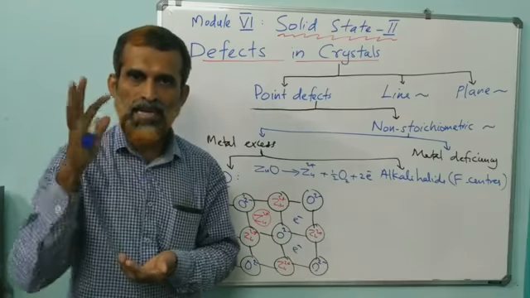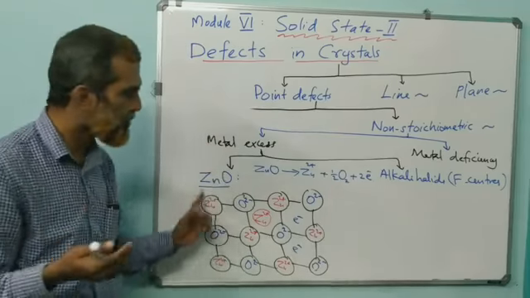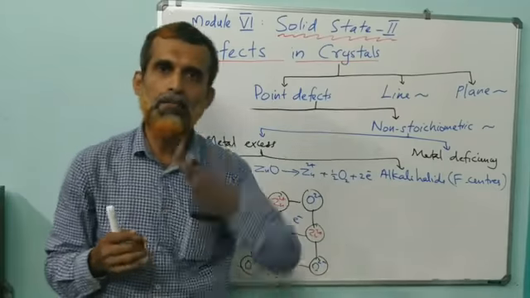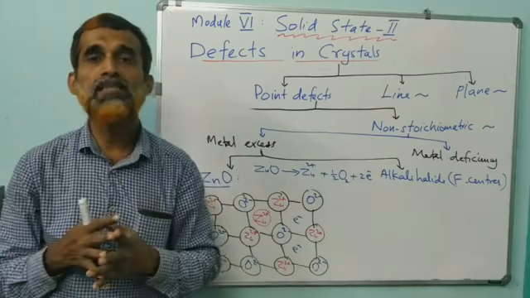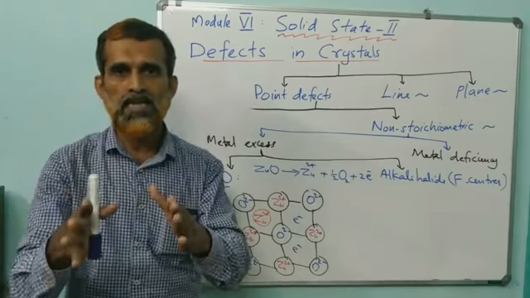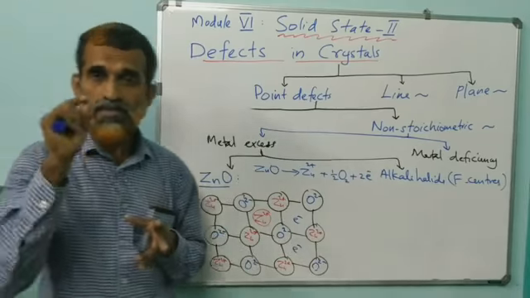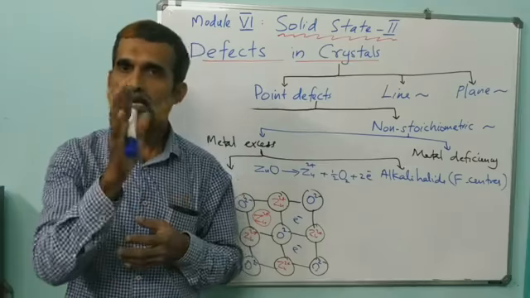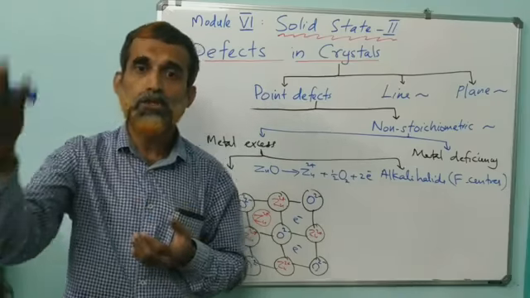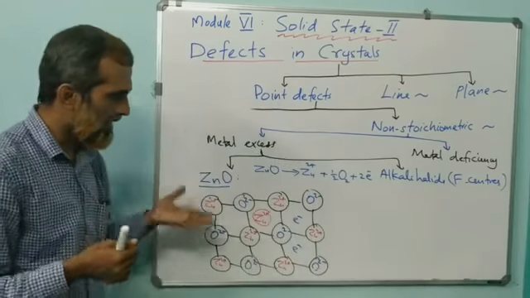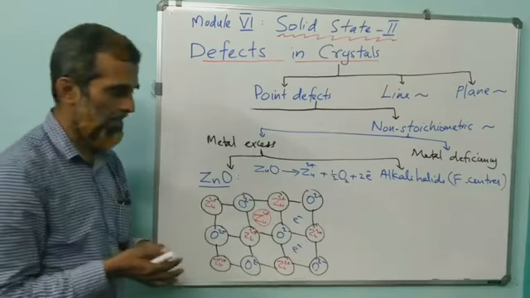So optical and electrical properties are enhanced due to this defect. Zinc oxide at high temperature will show enhanced electrical conductivity that can be explained by this defect. Also zinc oxide, which is originally colorless, on heating strongly will turn slightly yellow. That color change is due to the presence of these free electrons.